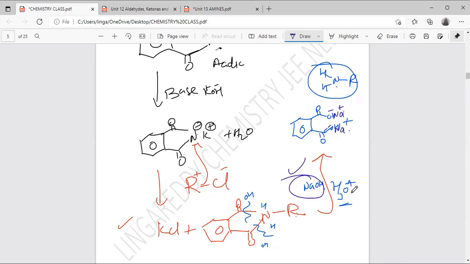If you take H3O plus, phthalic acid is forming. Here the main product is the same. Sir, which should I take? Both, you can take any one. If you take acidic medium, acid is forming. If you take basic medium, salt is forming. Yes, sir. Okay.